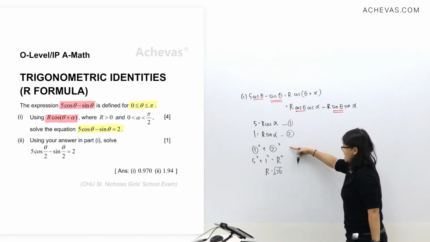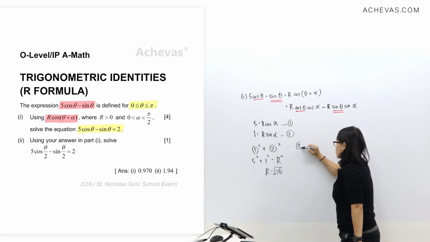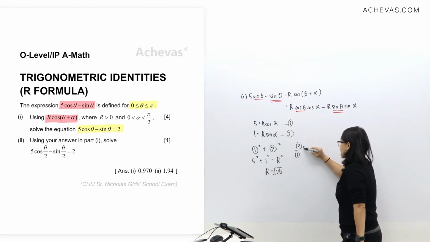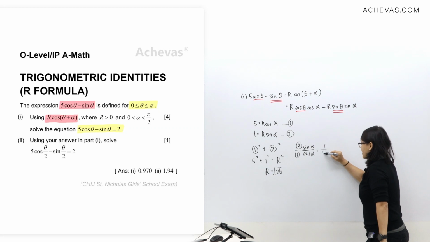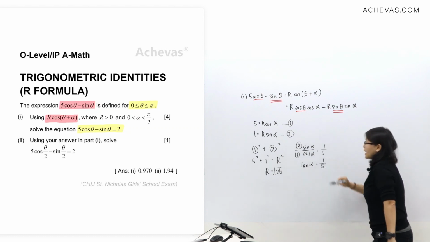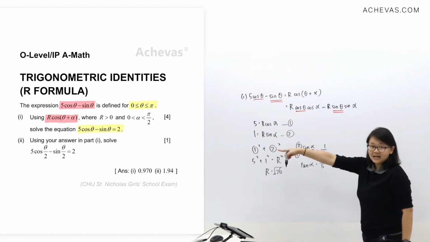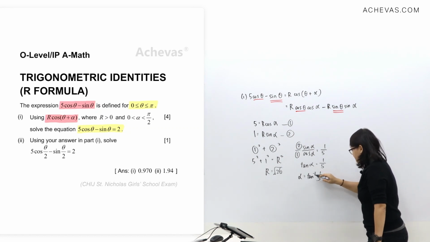Now let's take a look at the angle alpha. We're going to do division. 2 divided by 1. So that's sin alpha divided by cos alpha equals 1 over 5. Because we know sine over cos gives us tangent. And because we are given alpha is in quadrant 1, we directly take the reference angle.